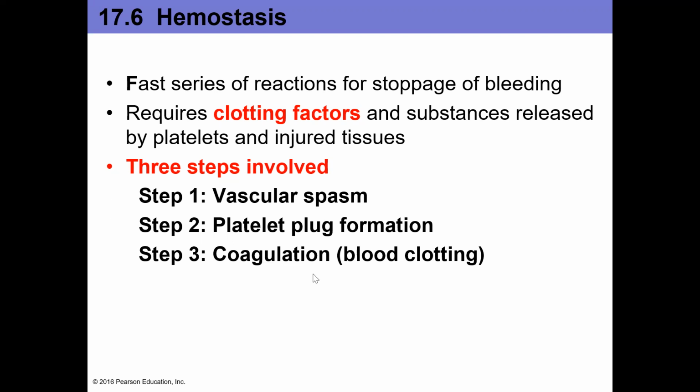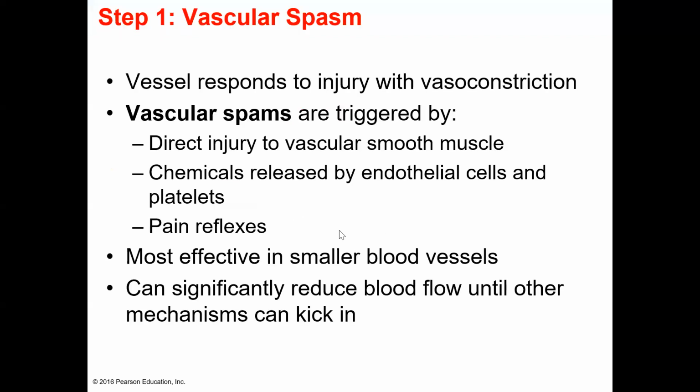There is a coagulation cascade that will start, bringing about a series of reactions aiming to produce the permanent seal that will seal that gap and prevent further leakage of blood. So these are the steps.